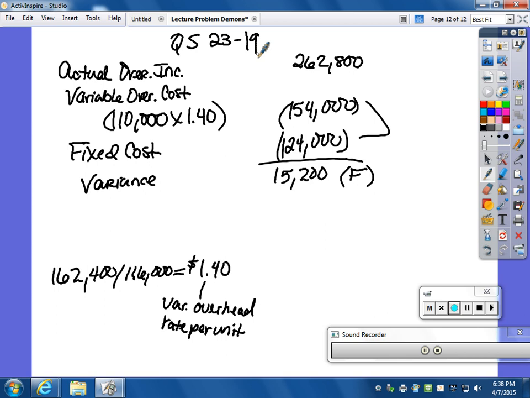Aero Pro Corp reports the following for November. Compute the controllable overhead variance for November. What was the actual incurred? 28,175. What about variable overhead costs?